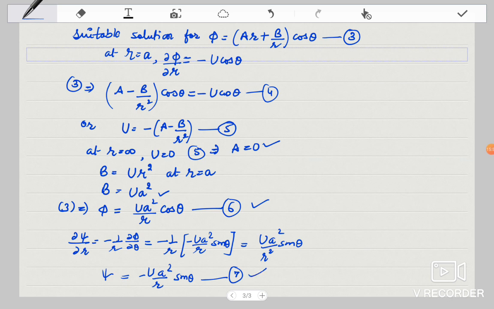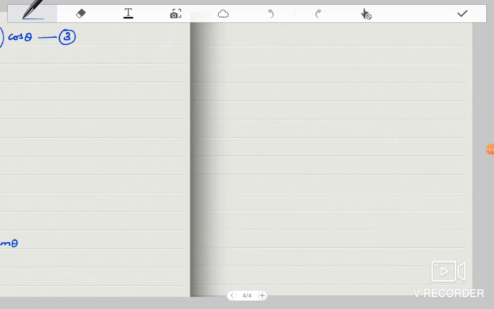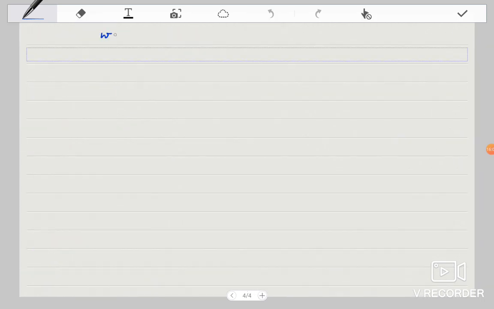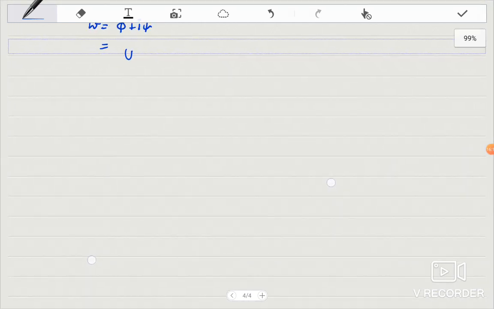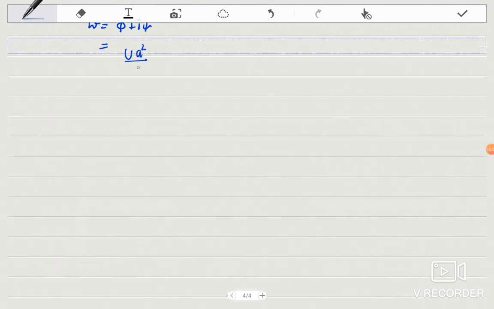In this way I can very well write what will be the complex potential, which is our main aim. So complex potential W will be phi plus I psi. Now put the values. Phi is u a square upon r cos theta, and psi is minus u a square upon r sin theta.